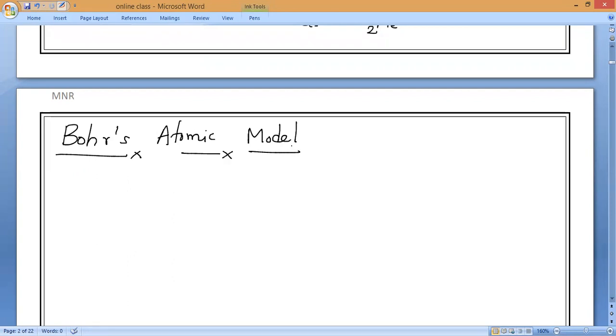So now, this was proposed by a scientist named Niels Bohr in the year 1913. Remember, this is the model which was proposed mainly to overcome the shortcomings, that is, the drawbacks of the Rutherford model.